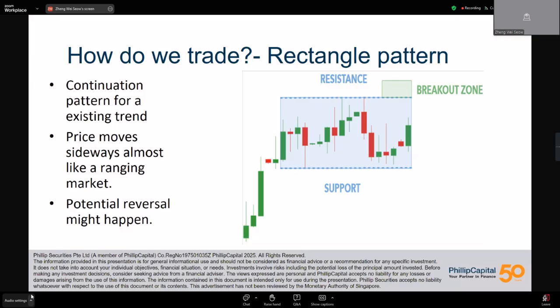Normally they highlight it as a rectangle pattern because, from my personal experience, these rectangle patterns are usually from lower time frames, right, where price consolidates for a while and then it breaks back up, right? So we'll take a little pause here in terms of understanding the time frames, right?